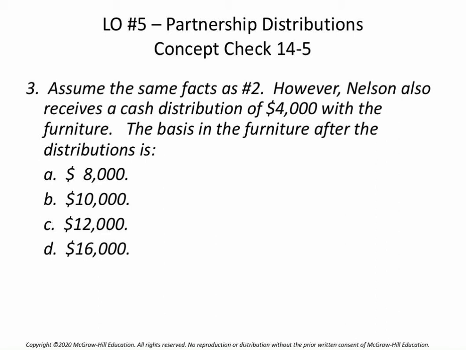We received a cash distribution of $4,000, so it's going to leave us with an $8,000 basis in the partnership interest prior to the distribution of property. Here we would take that $8,000, leaving us with zero basis in the partnership interest. So we'd have an $8,000 basis in a $10,000 fair market value property.